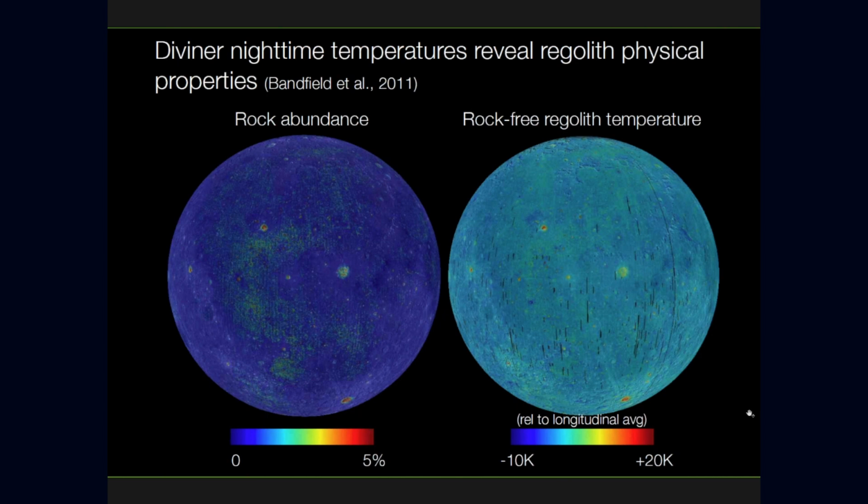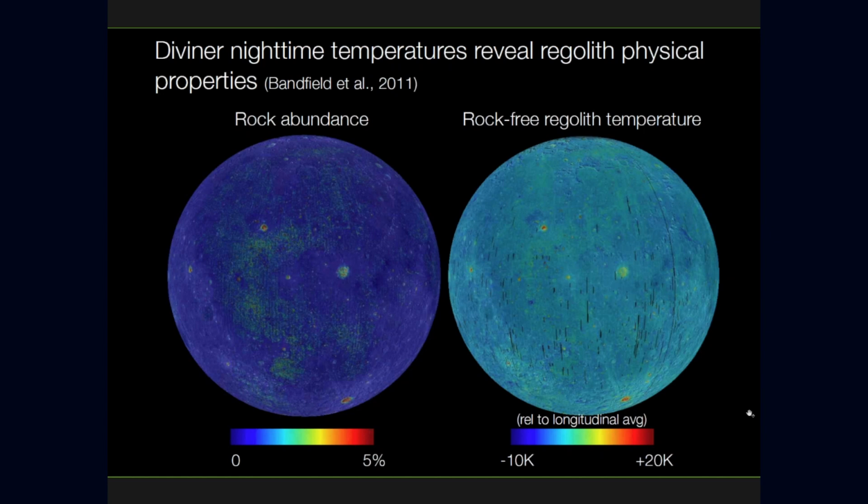I'm sure most of you have seen this data set before, but each pixel is given a value which represents the areal fractional coverage of that pixel by rocks or materials that radiate all the way through the night as though they were rocks.